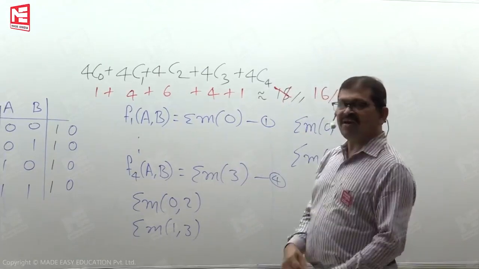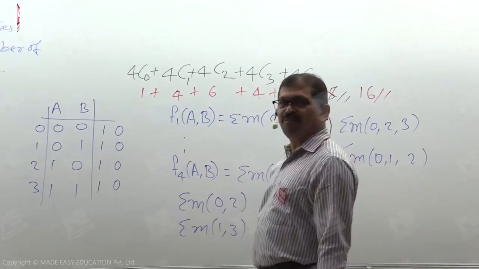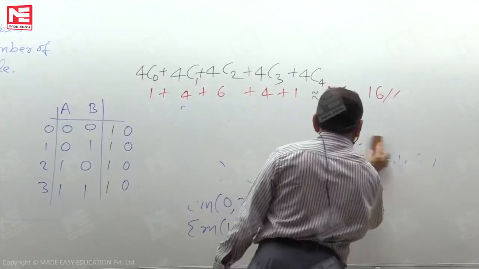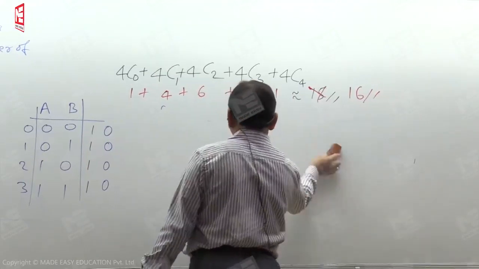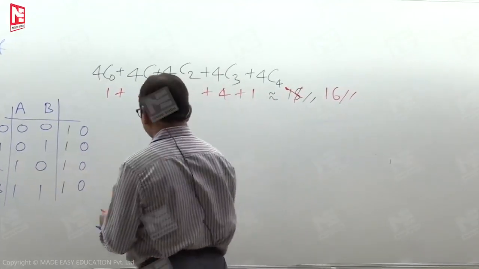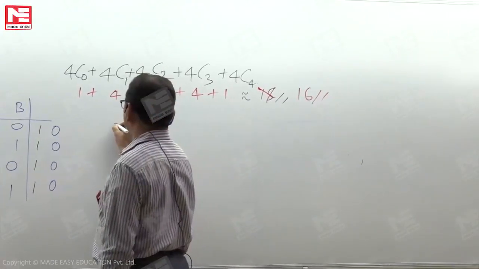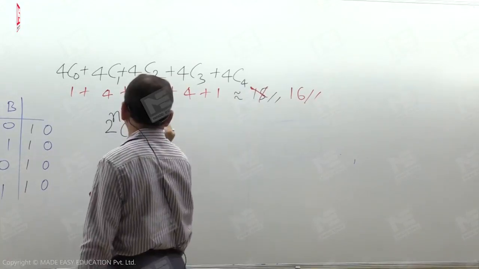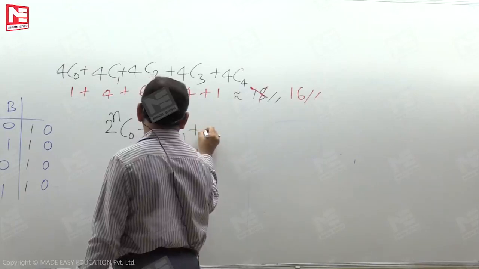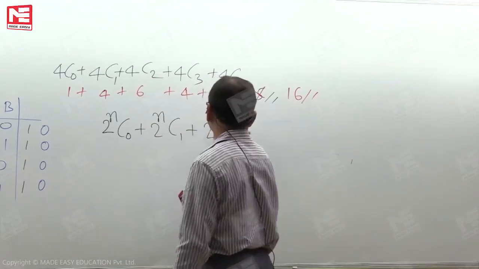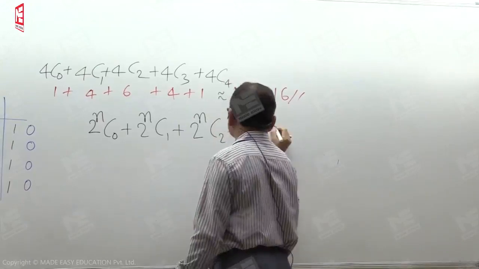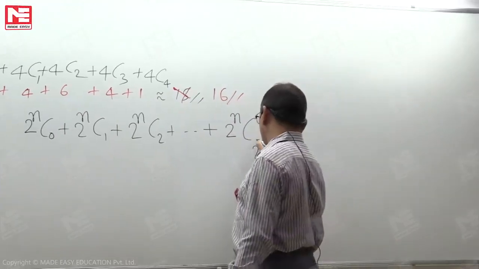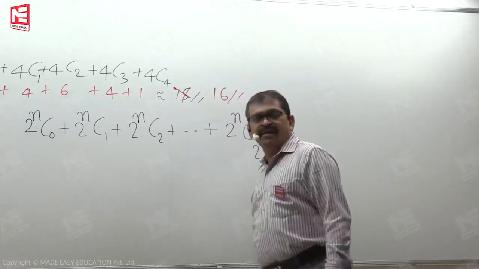So this formula we have here can be extended more generically: 2 to the power of n is nC0 plus nC1 plus nC2 and so on. The last term must be nCn. It is a binomial expansion.